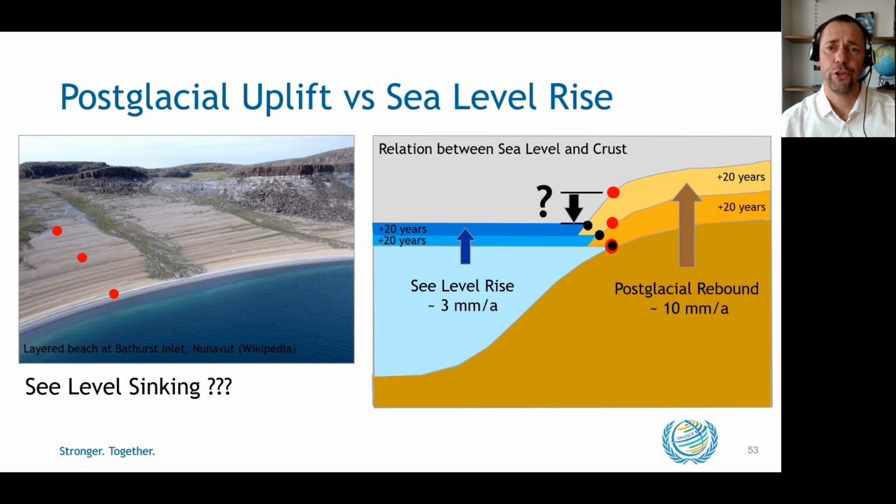Now we couple the two different processes, the postglacial uplift and the sea level rise. Imagine you would monitor sea level change at one particular point on the coast, like indicated in the picture on the left.